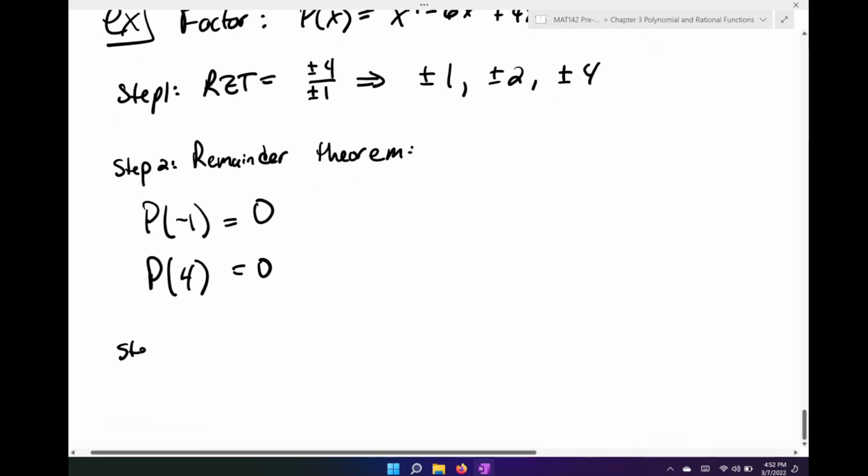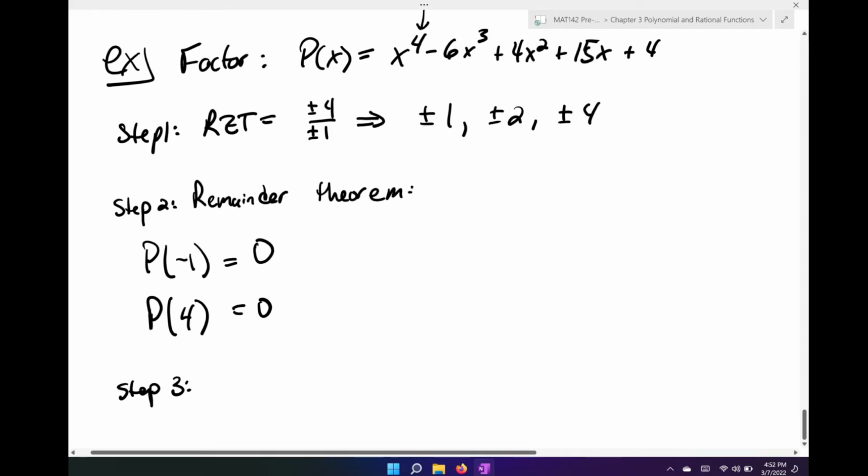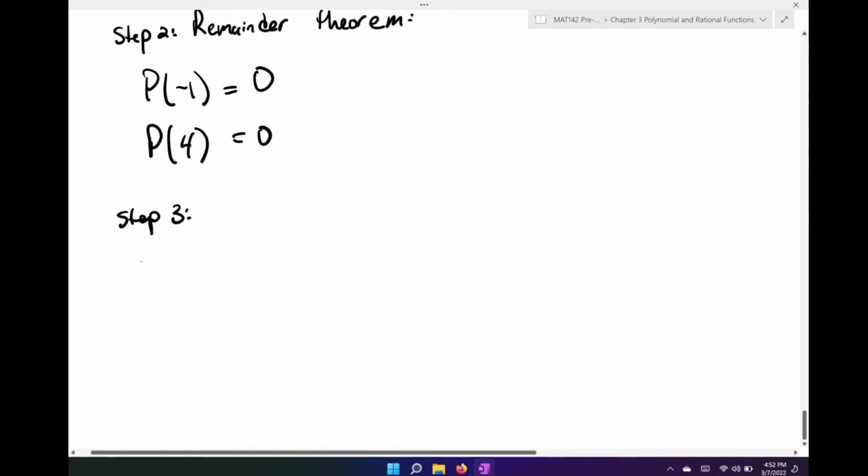Step 3. Now, we know this is a fourth degree polynomial. However, we only have 2 terms. So we're going to have to use synthetic division and see what happens. Okay. So I'm going to do -1 first. I'm going to write out the coefficients here.